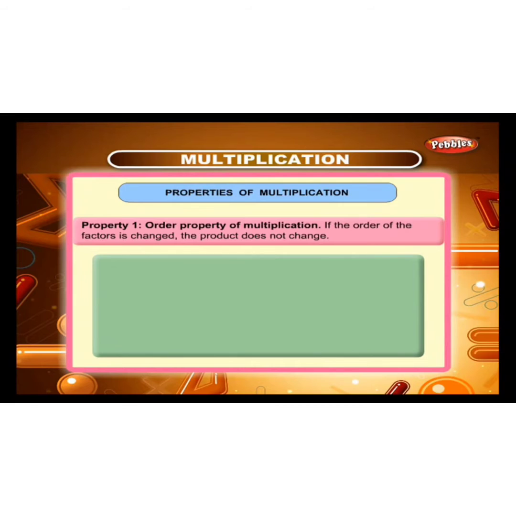For example, 4 into 5 is equal to 4 fives, that is 5 plus 5 plus 5 plus 5, which is equal to 20. 5 into 4 is equal to 5 fours, that is 4 plus 4 plus 4 plus 4 plus 4, which is also equal to 20.